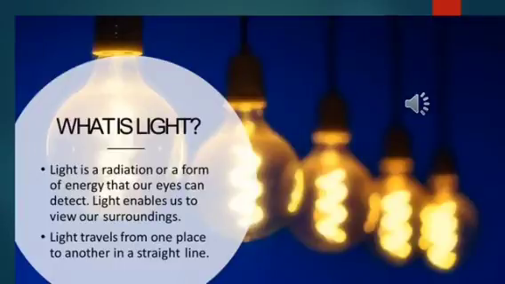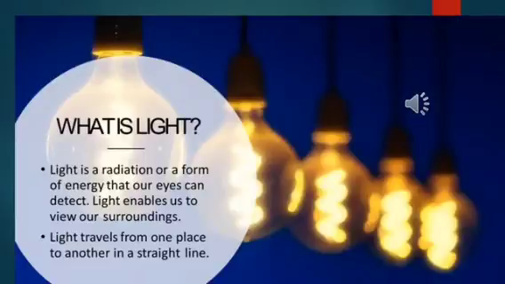We can view the surroundings because of the presence of light; you can see things around you. That is because the eye captures the image that is there in front of you, and that image is formed inside your eyes on the retina.